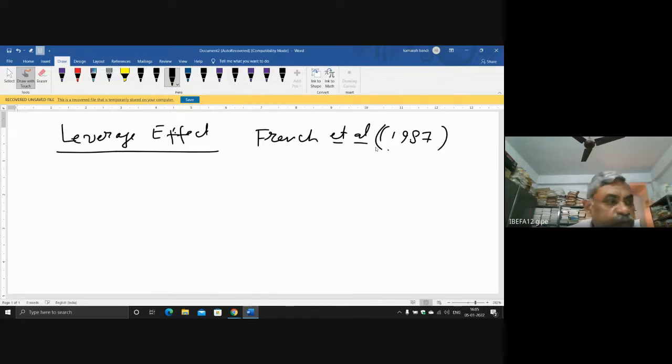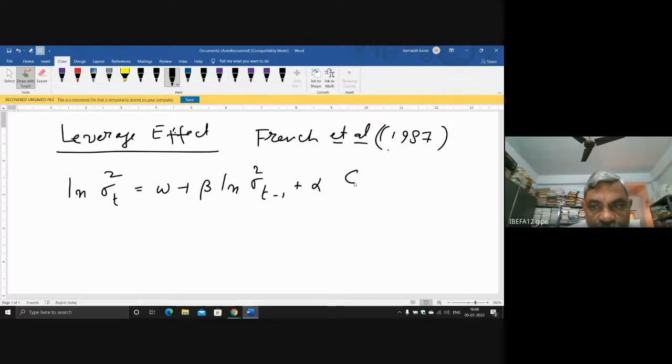All the models vary in respect of specifying the conditional variance equations. Omega plus beta ln sigma square t minus 1 plus alpha into epsilon t minus 1 upon sigma t minus 1 plus gamma epsilon t minus 1 upon sigma t minus 1.